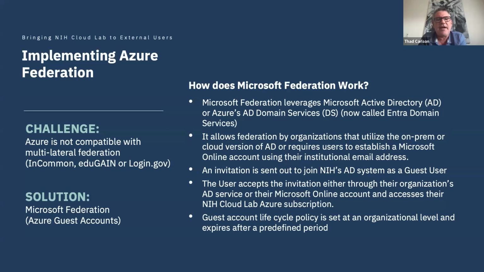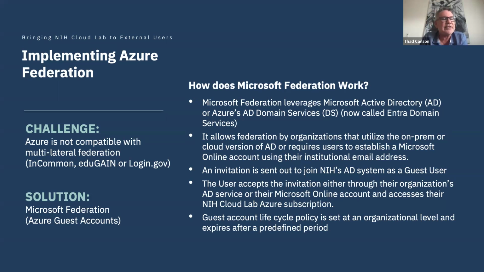And how that's done is people would sign up, and then we would send them an invitation to join our organization as a guest account. So they would basically then get this email, accept the invitation, and then they'd be federated into our Active Directory virtual directory system as a guest account.